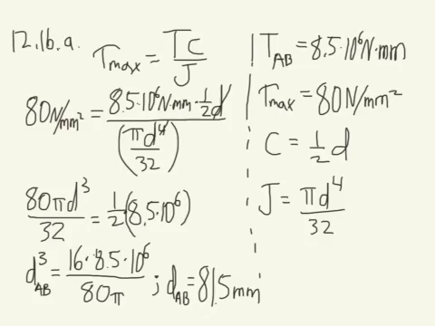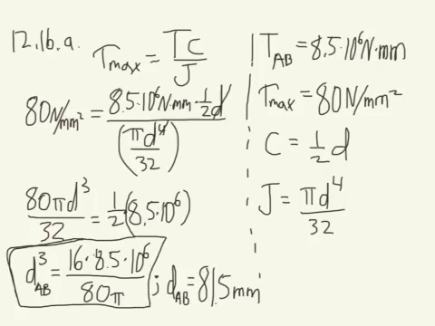Because the torque is the only thing that's different between sections AB and BC, well, except also the diameter, obviously, which is what we're solving for, we can set up the equation the exact same way and do the exact same math.